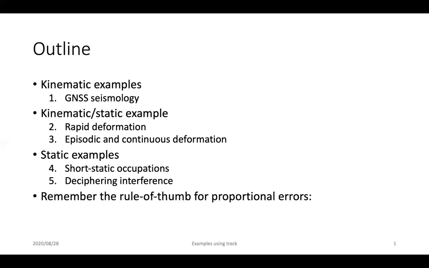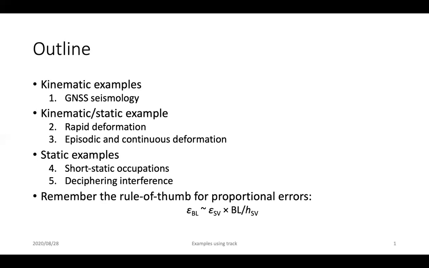So it's important to remember the rule of thumb for proportional errors here, that the error on the baseline is going to be approximately equal to the error in the satellites multiplied by the baseline length between sites divided by the height of the satellites. We bring this up really just in the sense that Track is a true baseline processing program.